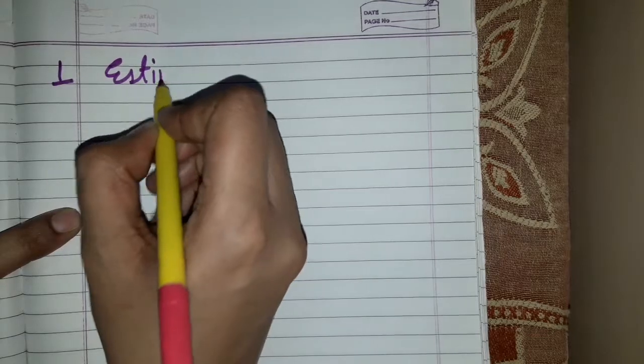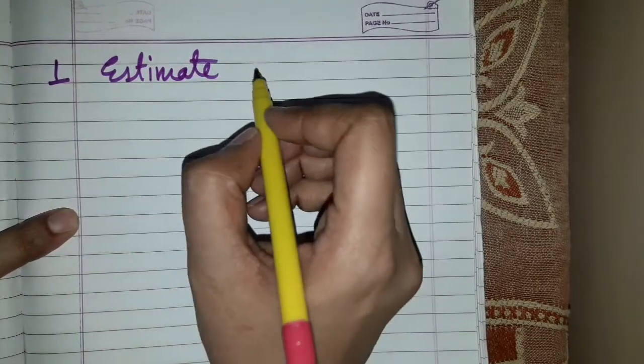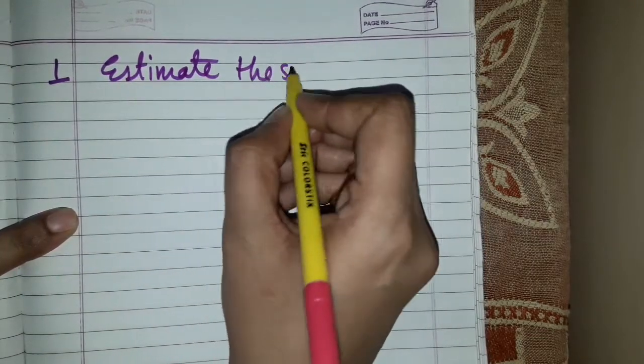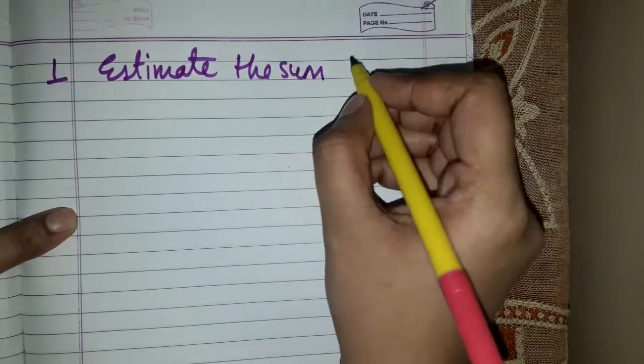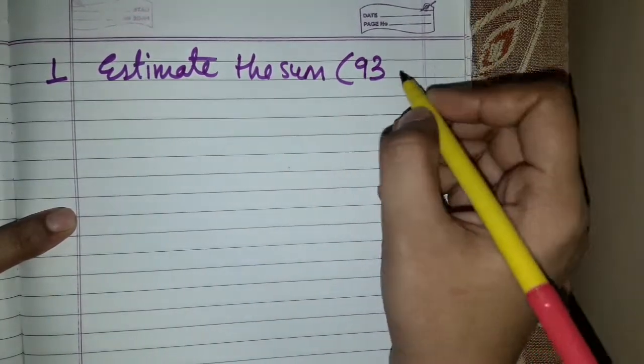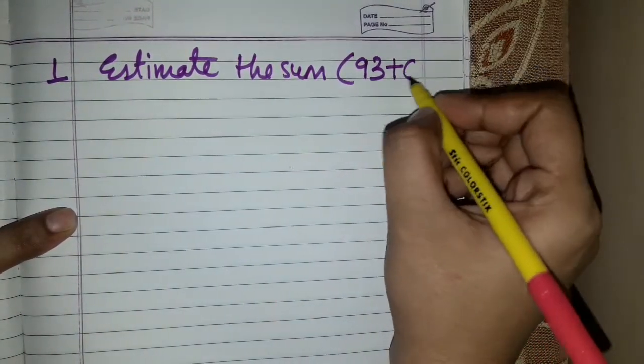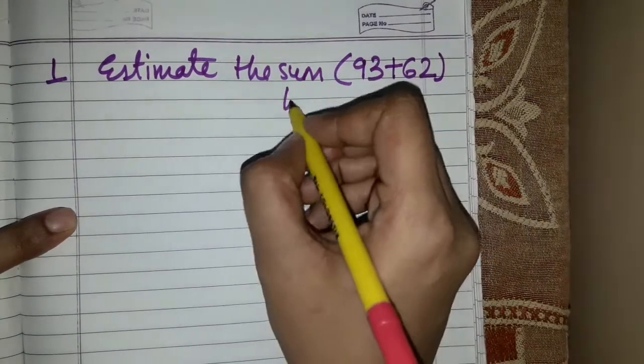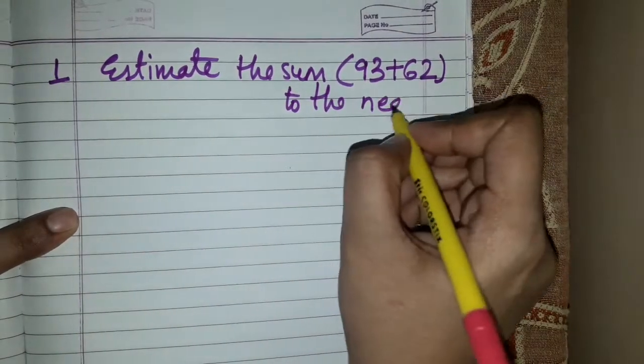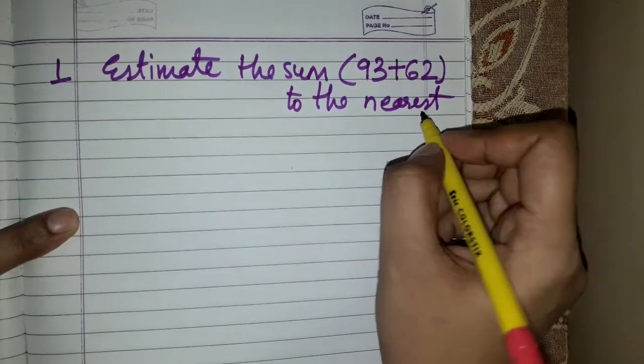Now the first question, suppose they are asking us to give an estimate. Estimate the sum of 93 and 62 to the nearest 10.